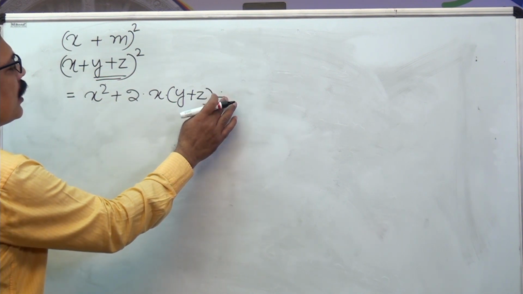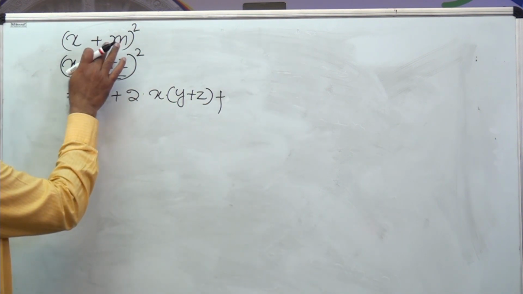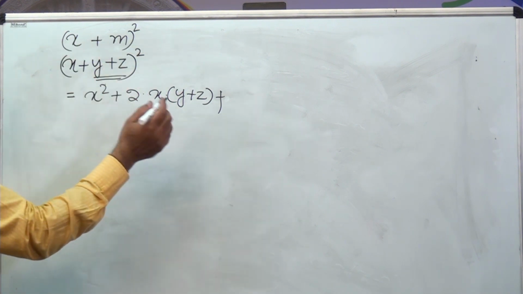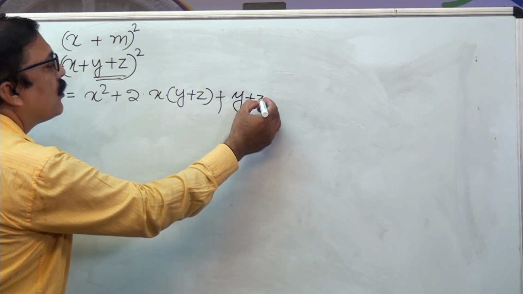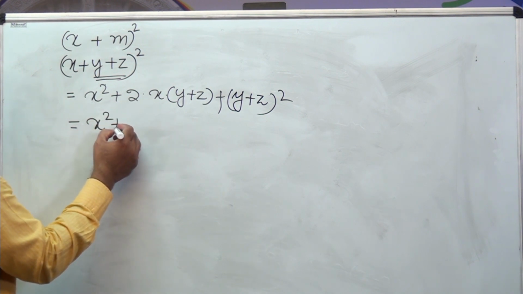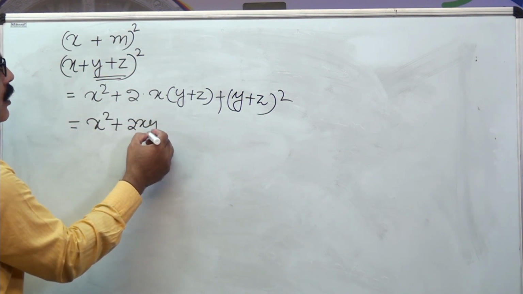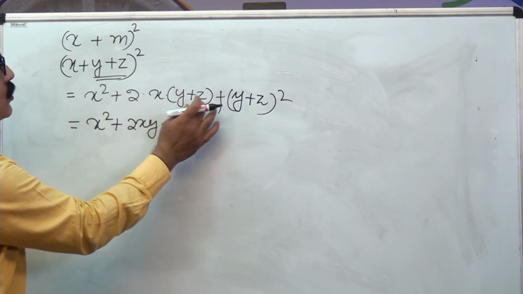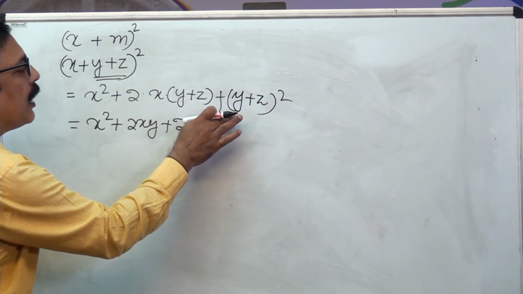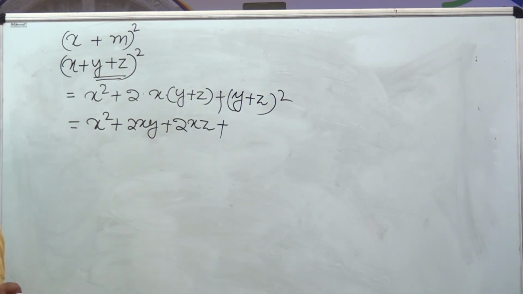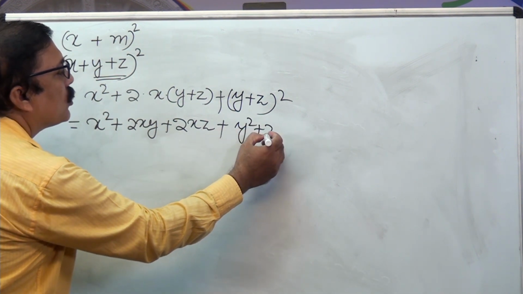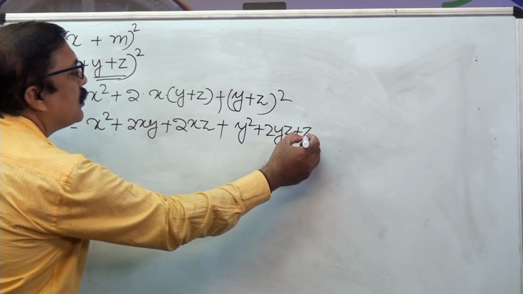plus m square. In place of m square, let me write y plus z whole square. This is equal to x square plus 2xy plus 2xz. Then the whole square of y plus z is y square plus 2yz plus z square.